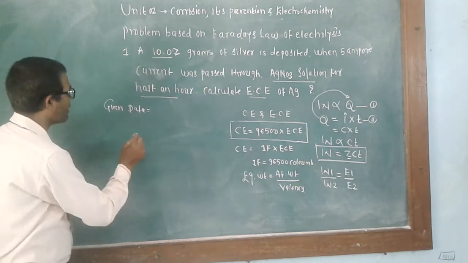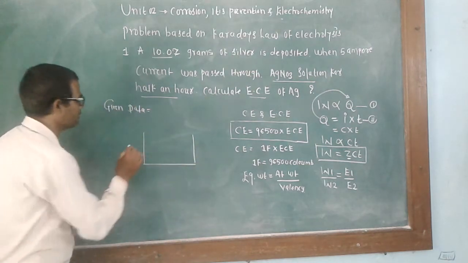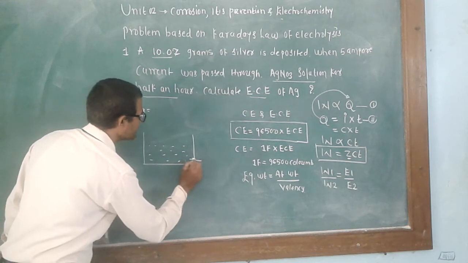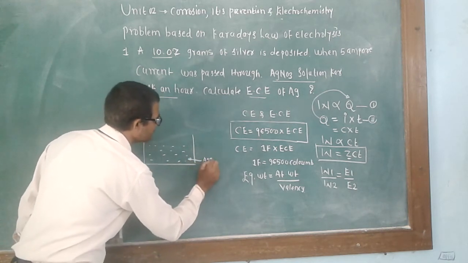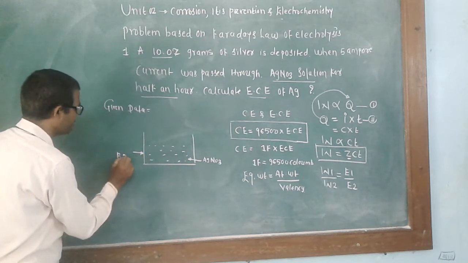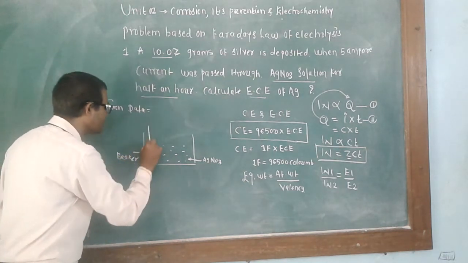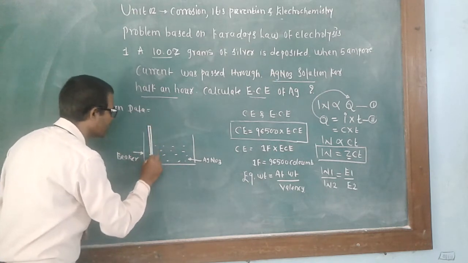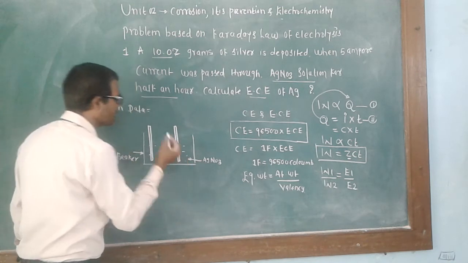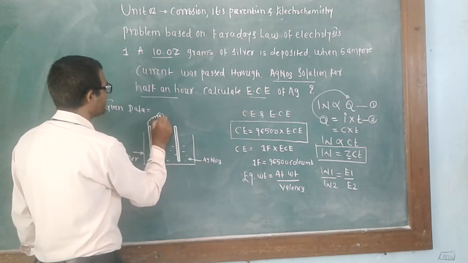So we have this electrolytic cell. The solution is silver nitrate, AgNO3. AgNO3 is your electrolyte. This one is, for example, a beaker, which is an electrolytic cell. In electrolysis, we have electrodes. These electrodes are dipped into the electrolyte and connected to the battery.